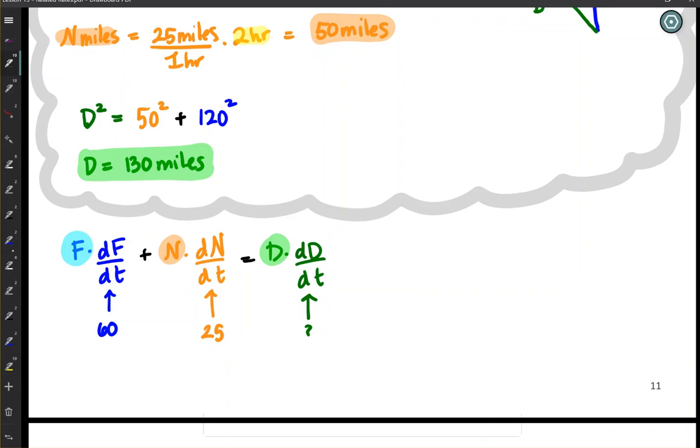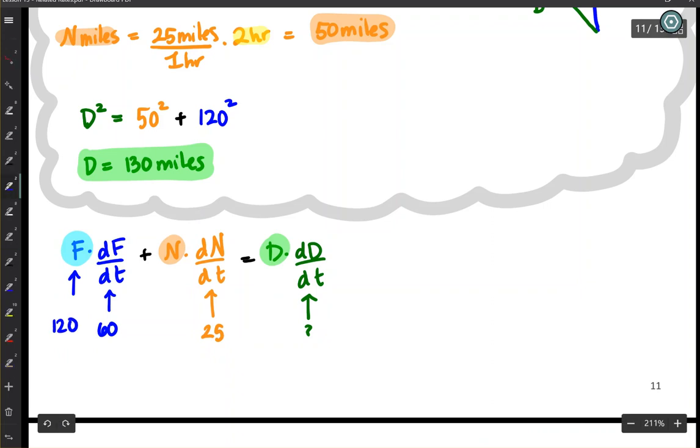We found out that F was 120. N was 50. And this D right here was 130 miles.